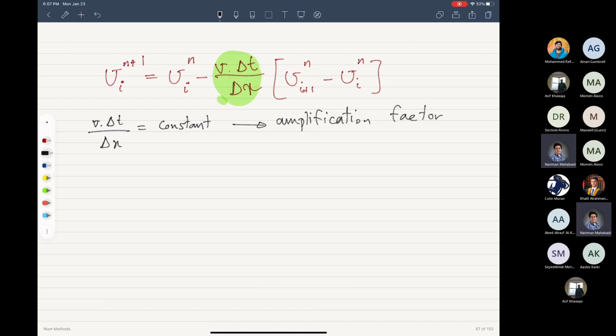Depending on all these three values, you would end up with different categories or regimes of the numerical schemes or finite difference method approximation.